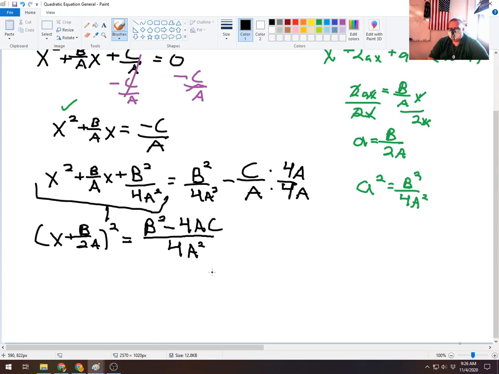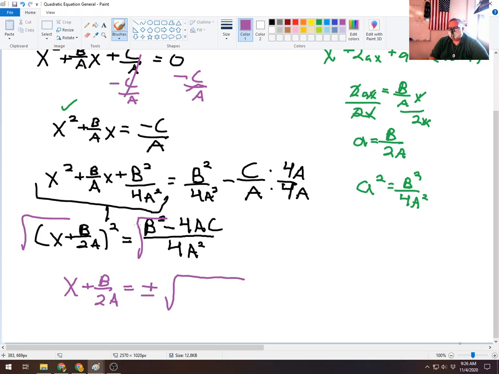All right. Now, if this is a square, I'm just going to take the square root of both sides. So the square root of (x plus b over 2a) squared is just x plus b over 2a. On the other side, remember we have to do that plus or minus thing.